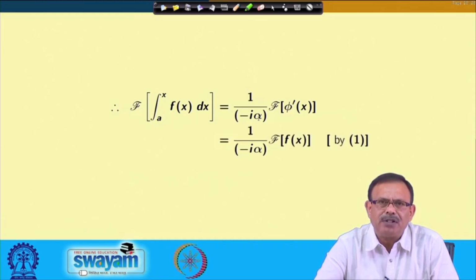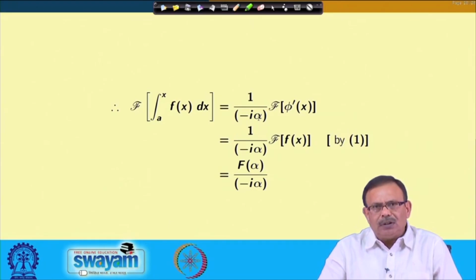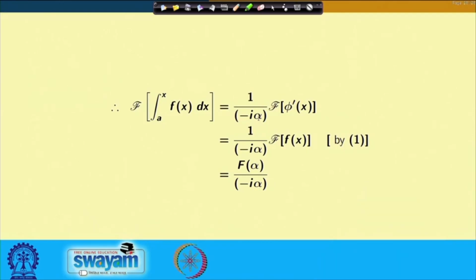Again phi dash x is f(x), so I am replacing it, and I get the result that the Fourier transform of the integral from a to x of f(x) dx equals the Fourier transform of f(x), that is capital F of alpha, divided by minus i alpha. So if I know the Fourier transform of a function, and I integrate that function over some range from a to x, then what will be the Fourier transform of that integral of the function, I can find out from this particular theorem.